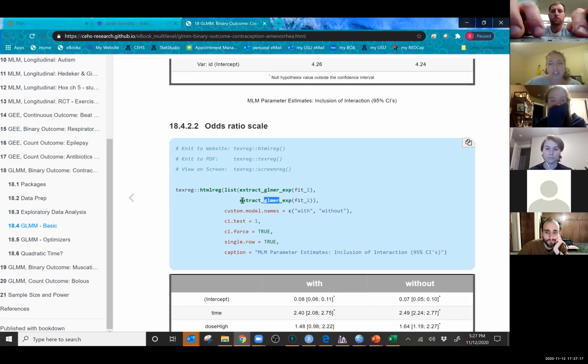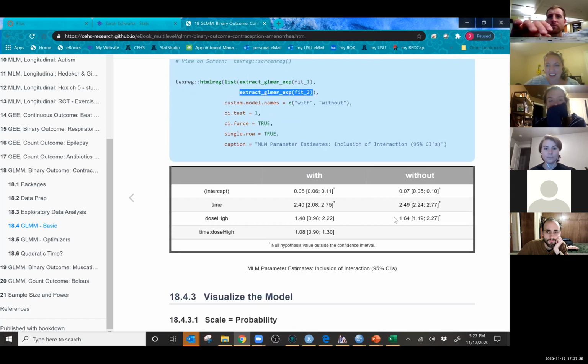Okay, so once we use this extractor function, our parameters are no longer on the logit scale. They're now on what scale? What's the exponentiated beta for logistic regression? Odds ratio. Thank you, Jill. So now, what is this telling us about the high dose?